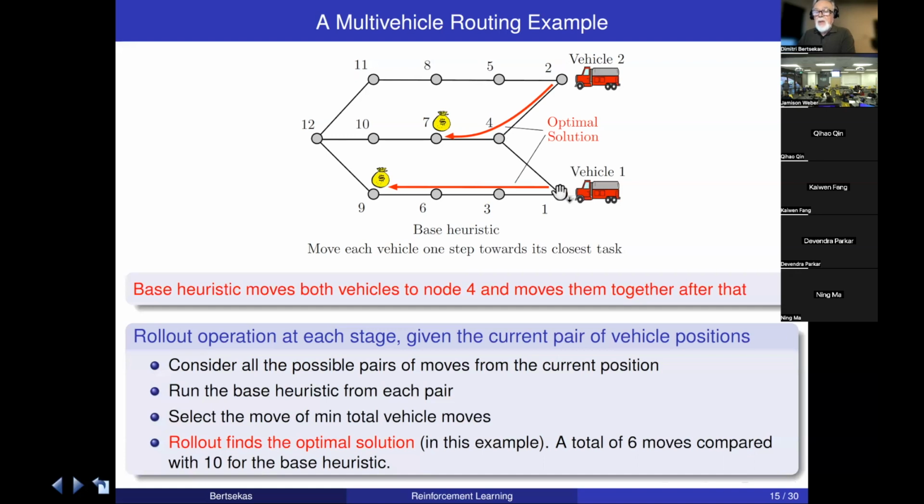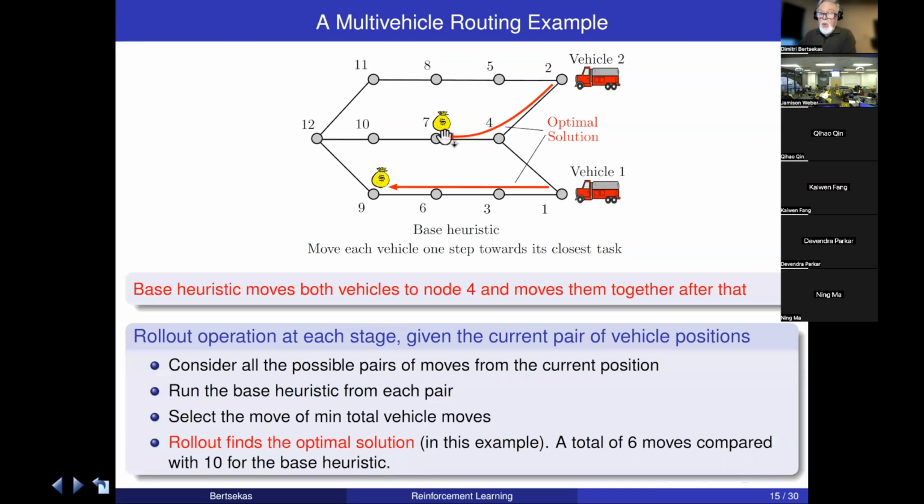Okay. The optimal Q factor is going to correspond to this pair, which is the optimal pair. Now, what you're asking is what's going to happen if we consider the Q factor of this pair. Correct, yes. Then we consider the base heuristic from here for each of the two vehicles individually.